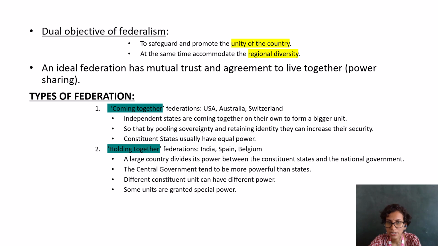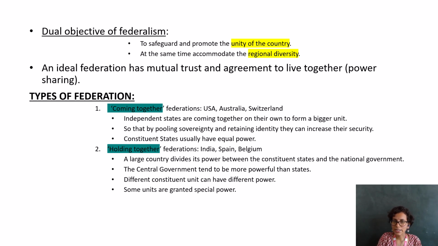Such countries are USA, Australia, Switzerland. So the small states decided to come together to form a bigger country. These states have their own power, and only in overall matters like defense and other aspects, they have a central government which looks into such matters.